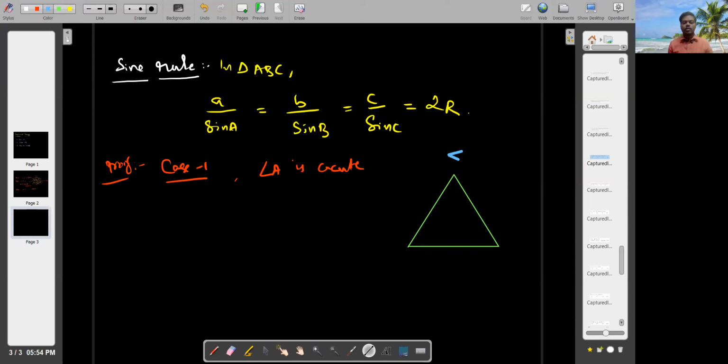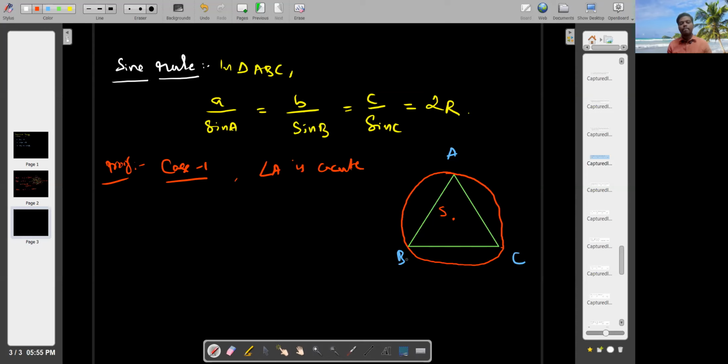So this is A, B, and C. Now, when A is acute angle, S lies interior of the triangle. Suppose S lies here. So we know that SA equal to SB equal to SC. Now S as center, SA as radius, draw the circle. It passes through the vertices of the triangle.